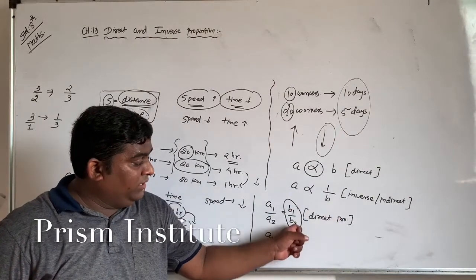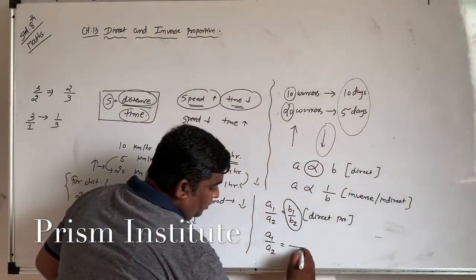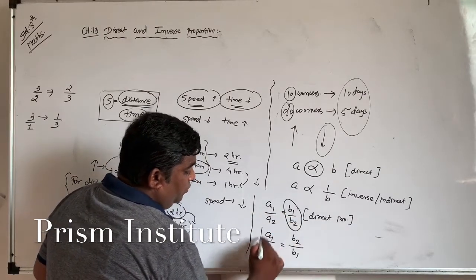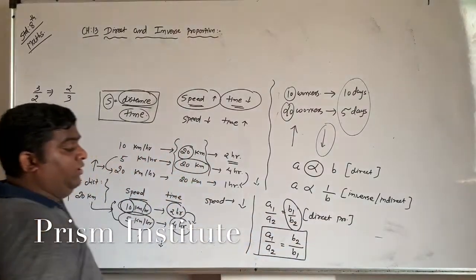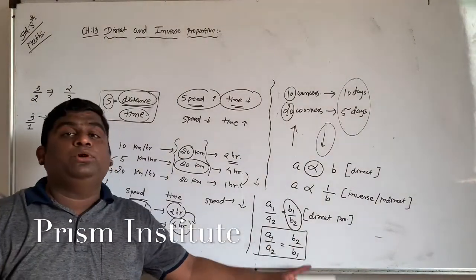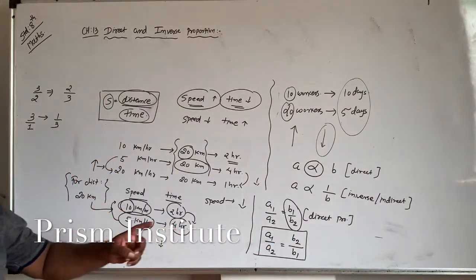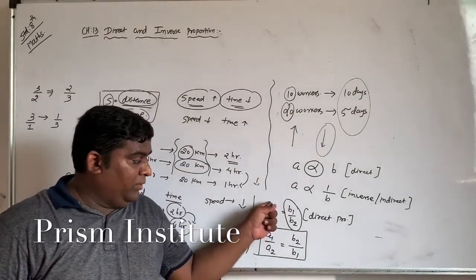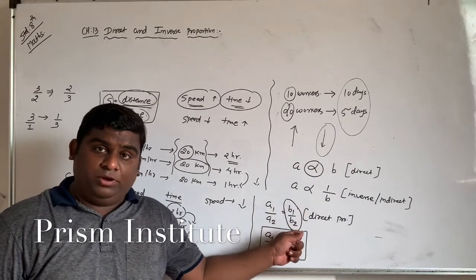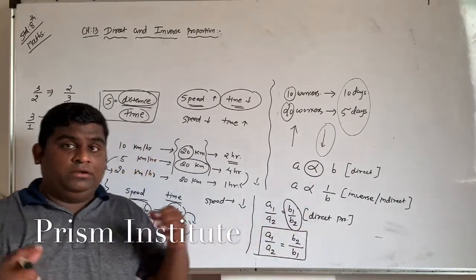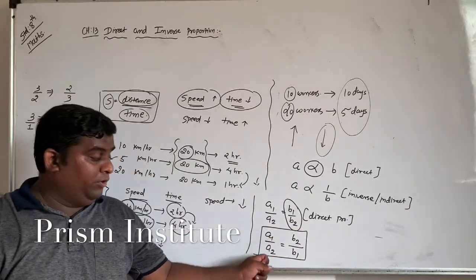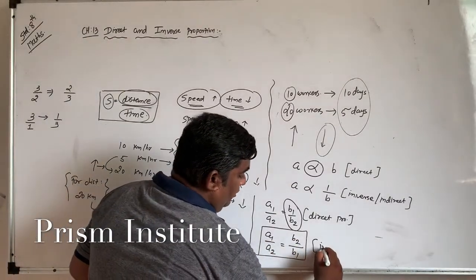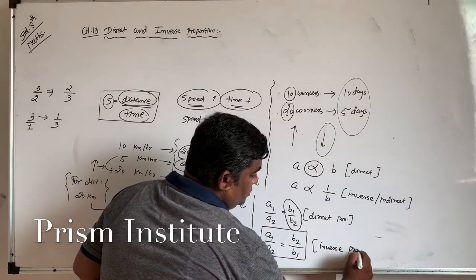So B1 is in the denominator and B2 is in the numerator. So the formula is A1 upon A2 equals B2 upon B1. In direct proportion, in exercise 13.1, we used the formula A1 upon A2 equals B1 upon B2. But inverse proportion has the formula A1 upon A2 equals B2 upon B1. That is the formula for inverse proportion.